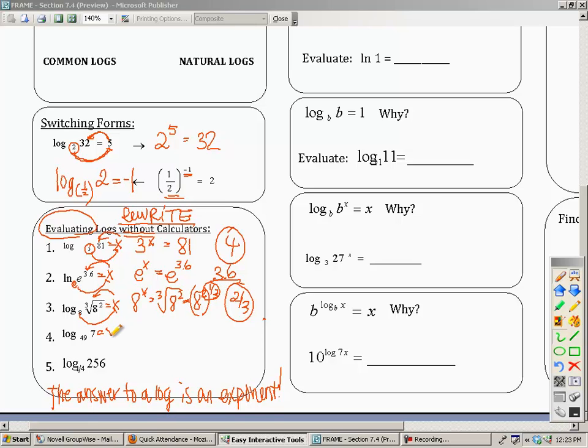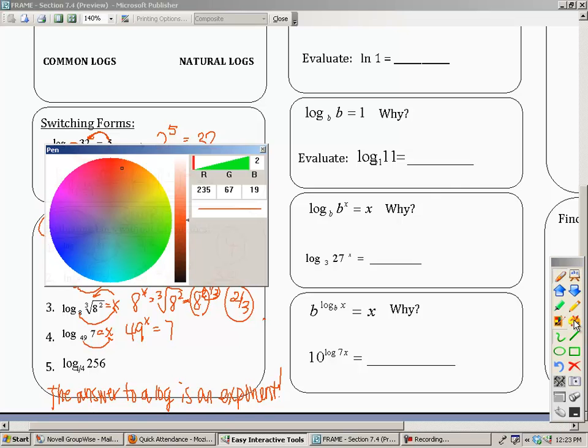Number 4, let me keep going. 49 to the x equals 7. Okay, this one's a little tougher because I go from a bigger number to a smaller number. You can't divide. That's not the idea. But let me work backwards a second.